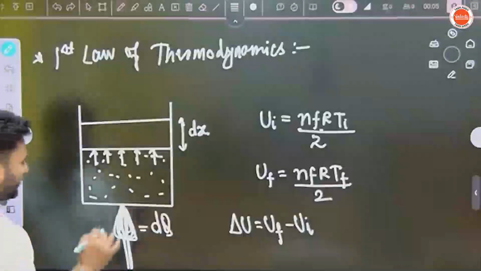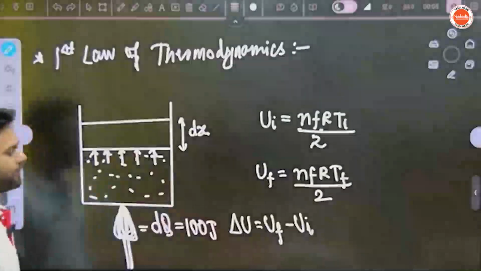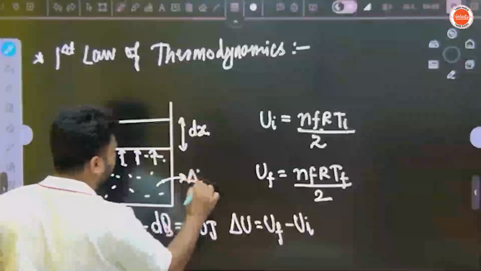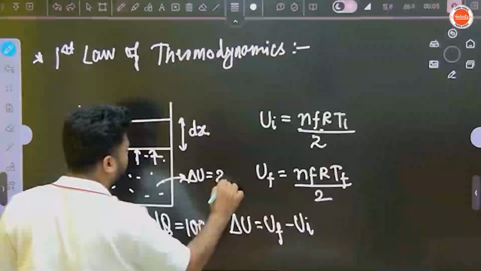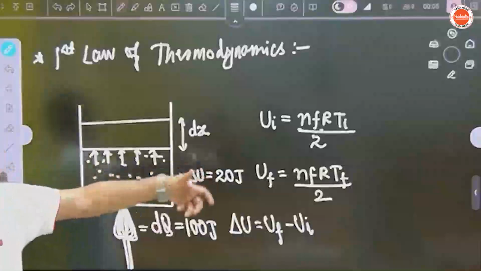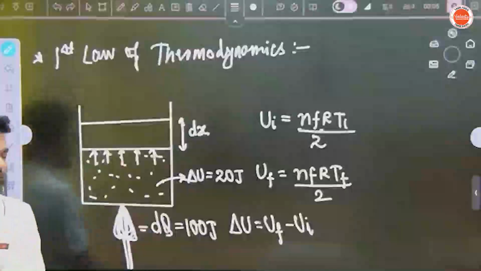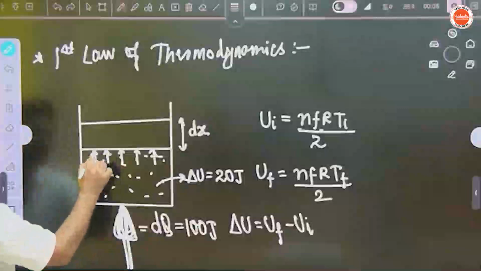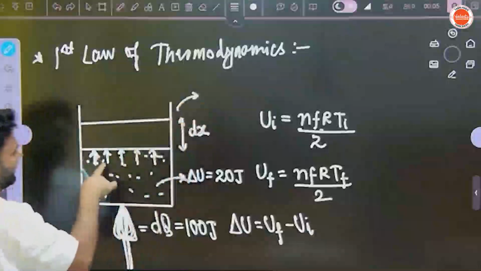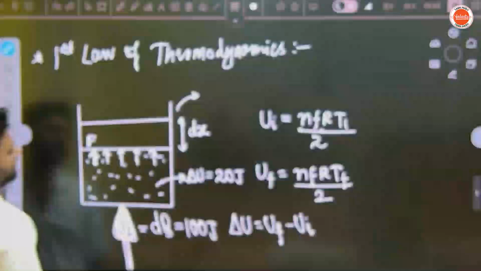Suppose you are providing 100 joule of heat, there will be some change in internal energy of this gas. Suppose this is 20 joule. Out of 100, this 20 joule is used in changing the temperature of the gas. The rest of the energy is always conserved, and the gas does the work. There is work done by the gas, because it is applying force and there is displacement of the lid.